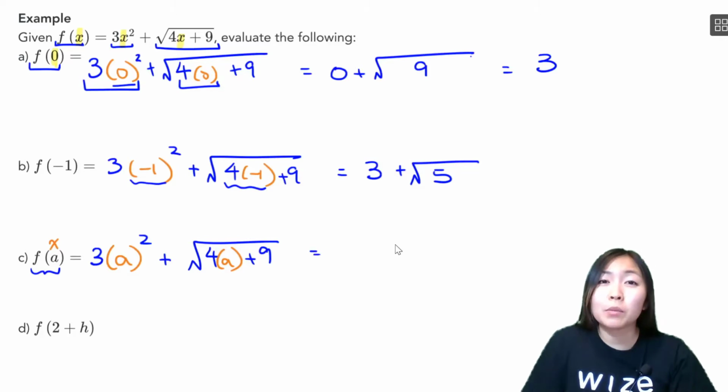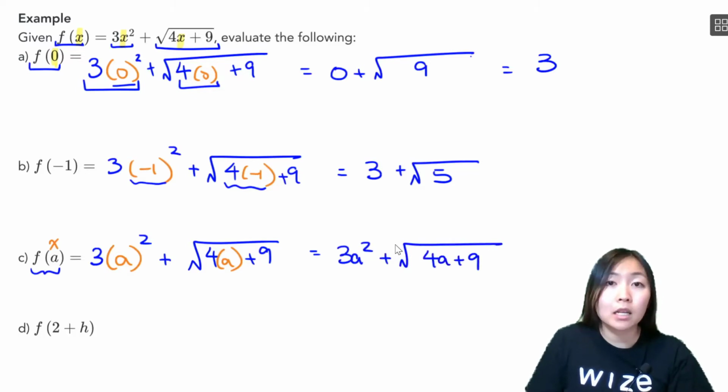Okay, and again, we want to simplify as much as we can, but we don't know these cool properties like 0 squared is 0, negative 1 squared is 1, because this is just a. So we're just going to leave it as 3a squared plus the square root of 4a plus 9. And that's it. This is the simplified exact value.